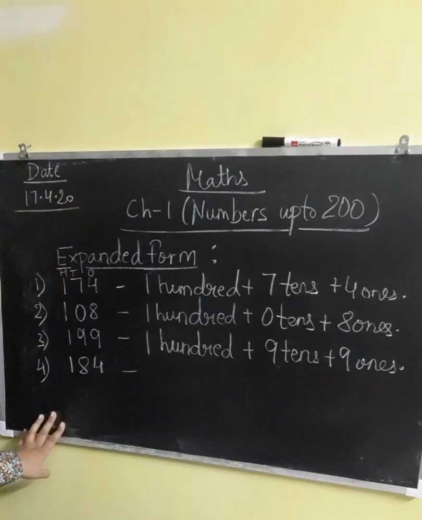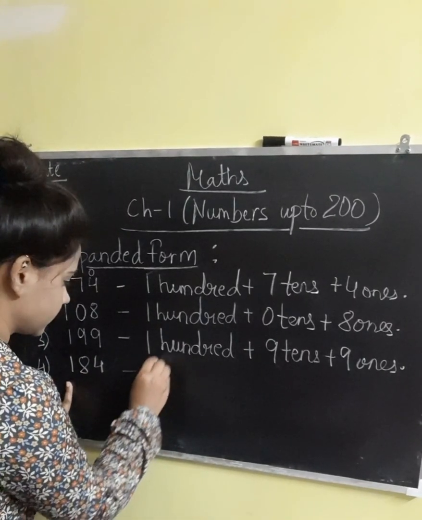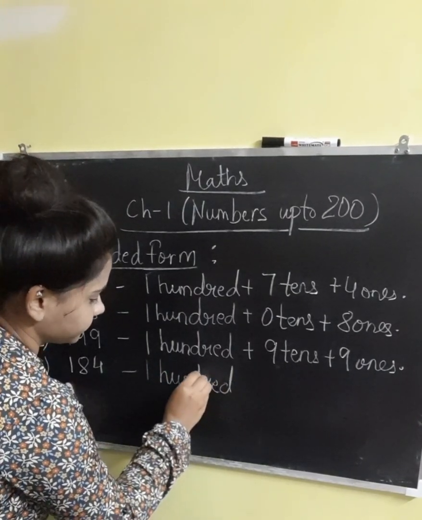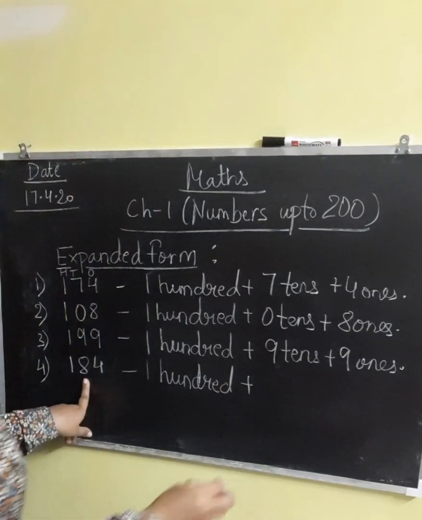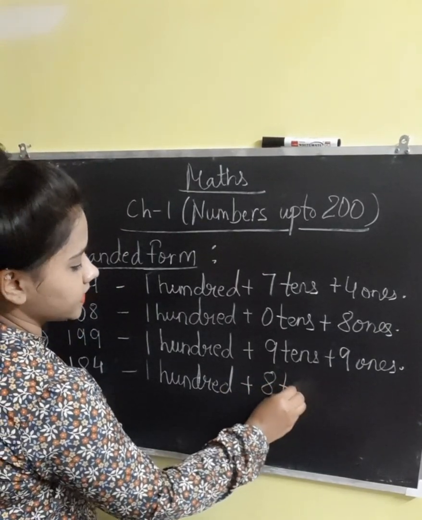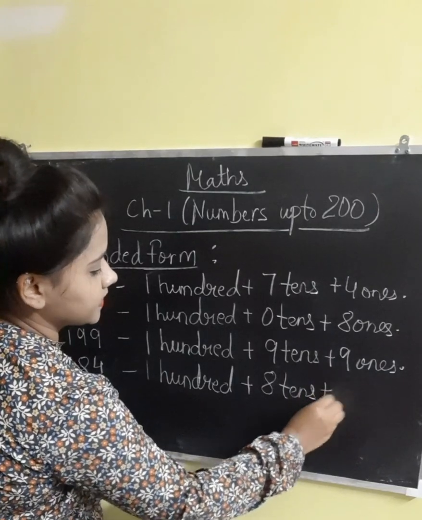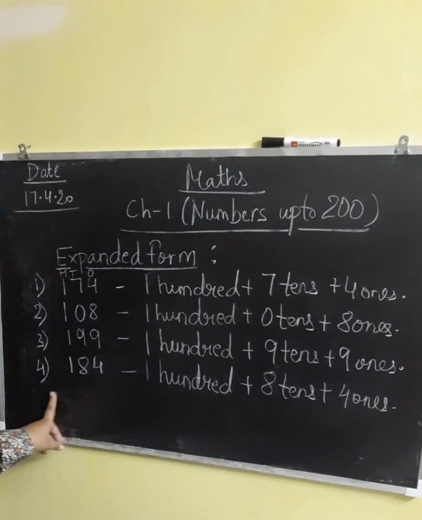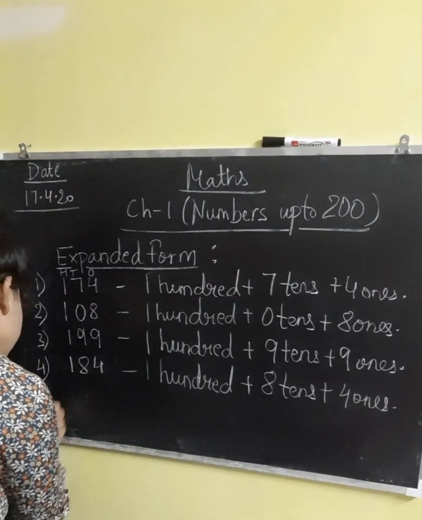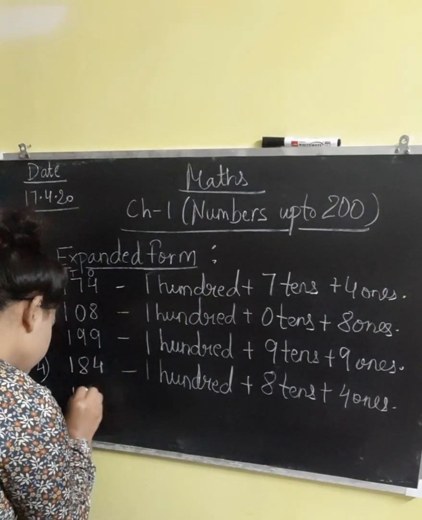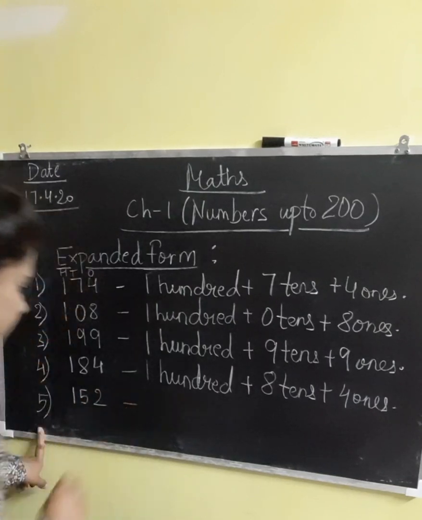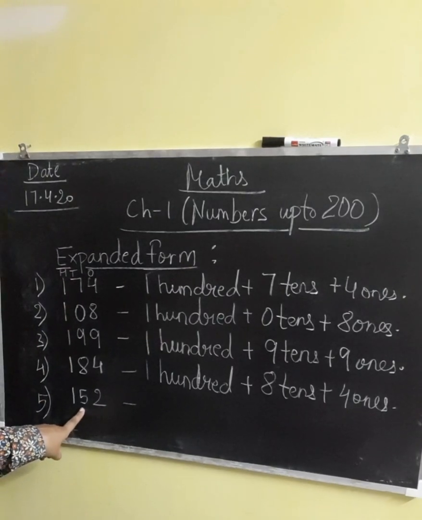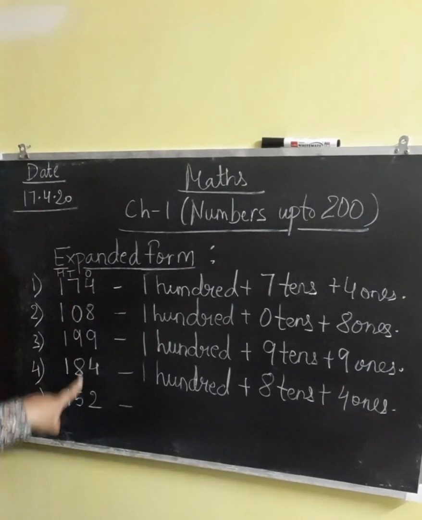Okay. Then fourth part is 184. Now 1 at hundreds place. So 100, 8 tens plus 4 ones. Okay. Then fifth is 152. So yes, 1 at hundreds place, 5 at tens place, 2 at ones place.